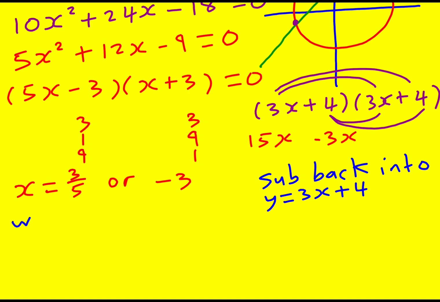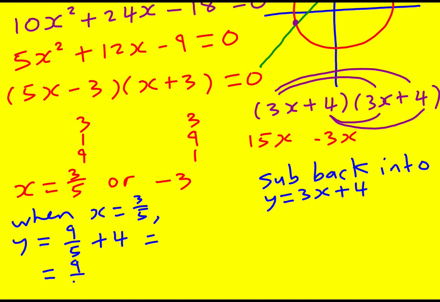So when x equals 3 over 5, y will equal 3 times 3 over 5, that's 9 over 5, plus 4. If I put it over a common denominator, 9 over 5 plus 20 over 5, I'm going to get 29 over 5 as my answer.